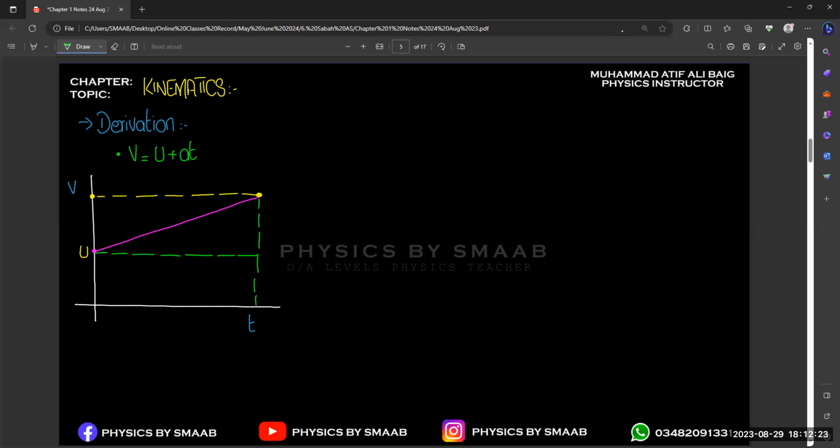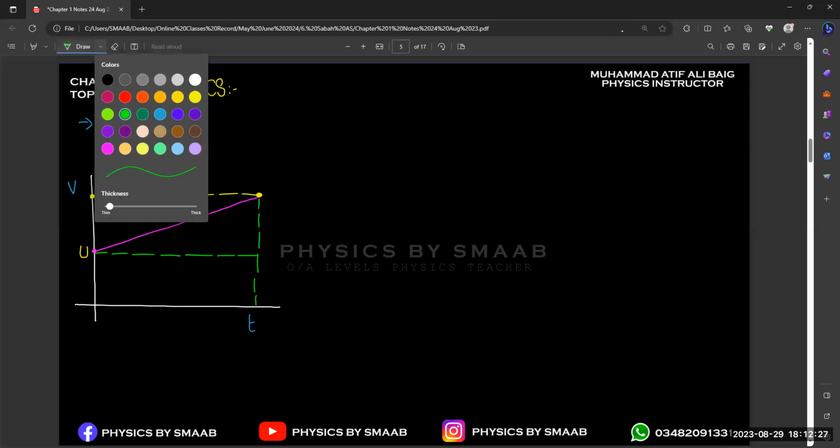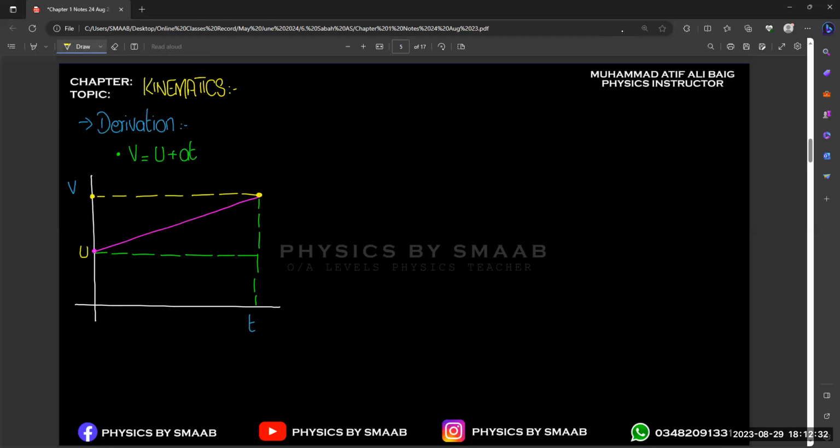So basically we need to start the derivation like this. The change of velocity with respect to time.